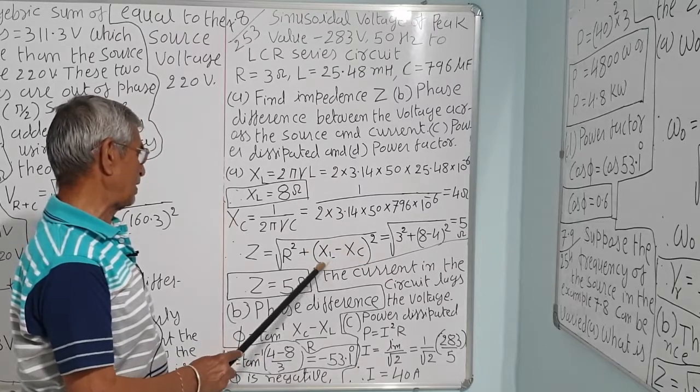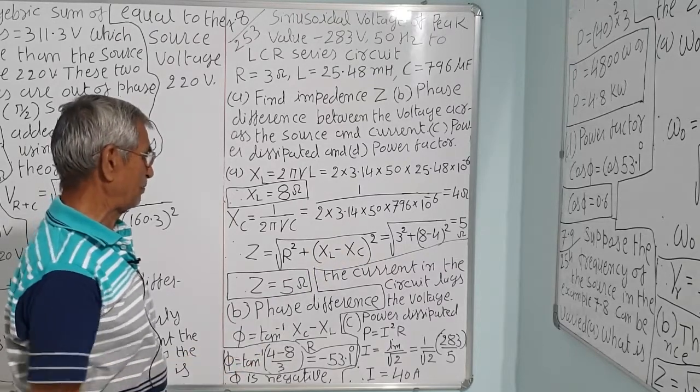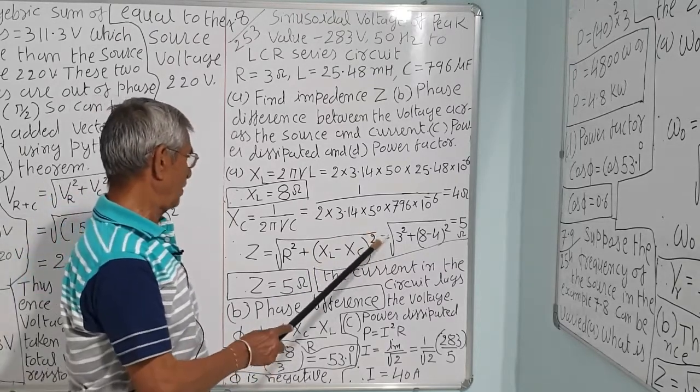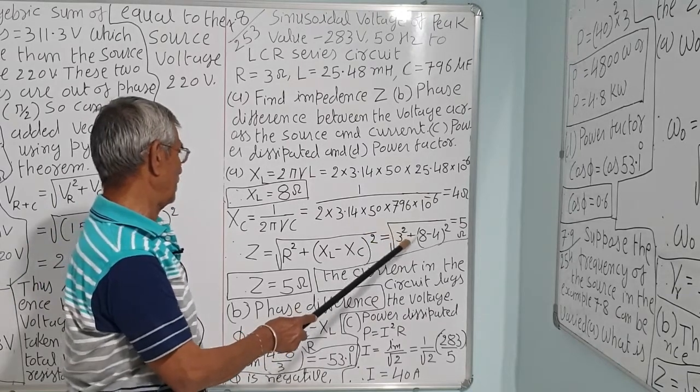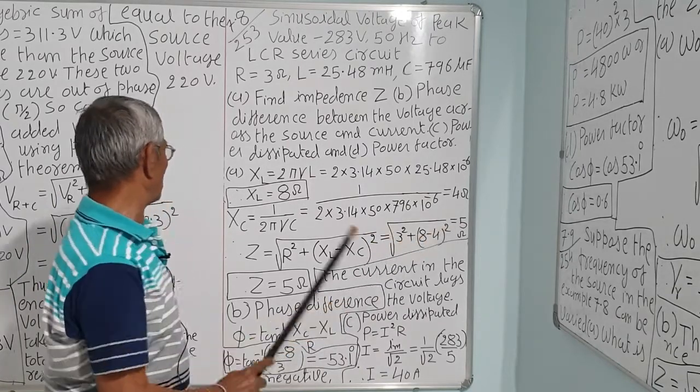You can write XC minus XL or XL minus XC. Correct. That is immaterial, and that is equal to under root 3 square plus (8 minus 4) square, which is already calculated.